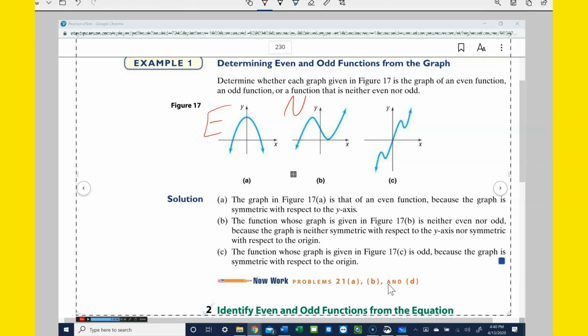It's neither because if you rotate it 180 degrees, there's nothing in the 4th quadrant, but there's something in the 2nd quadrant. And so when this goes to the 4th quadrant, it's not going to be the same picture. This one's odd because this 1st quadrant and this 3rd quadrant are mirror images of each other. And you rotate 180 degrees, it becomes the same picture as it was before.